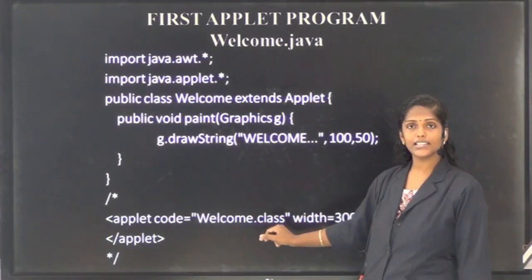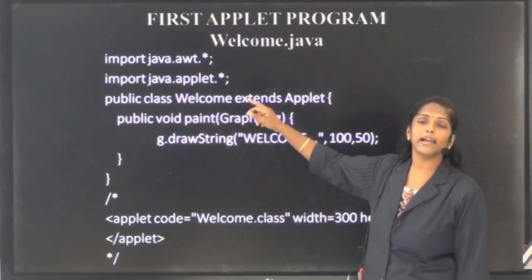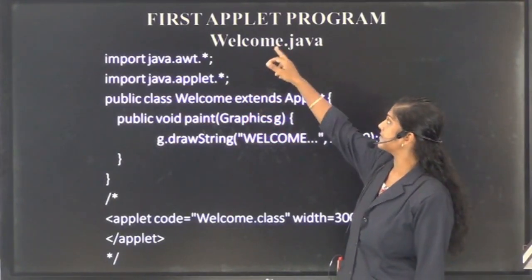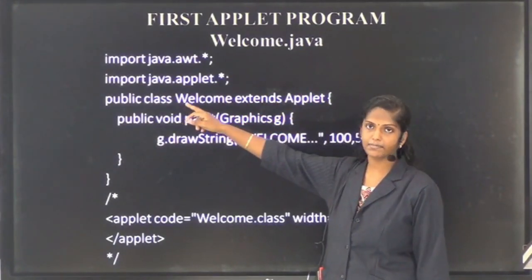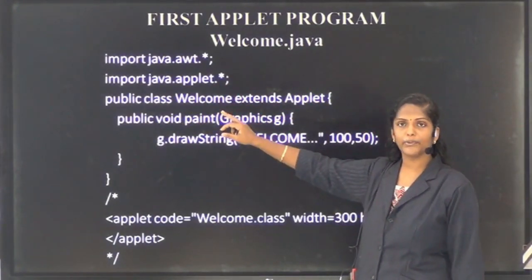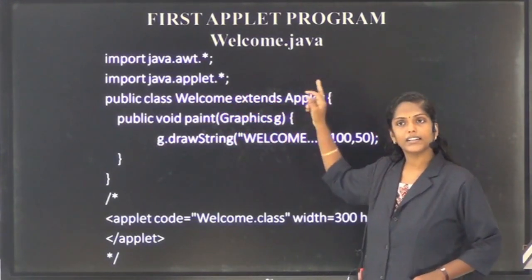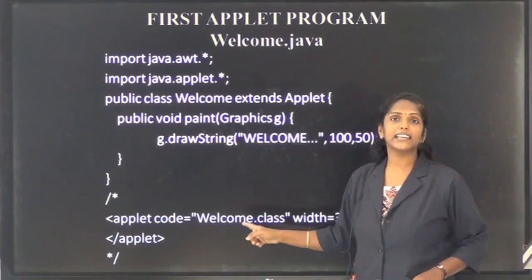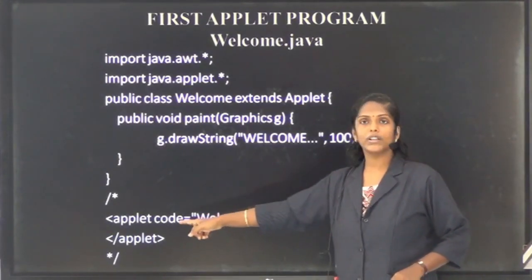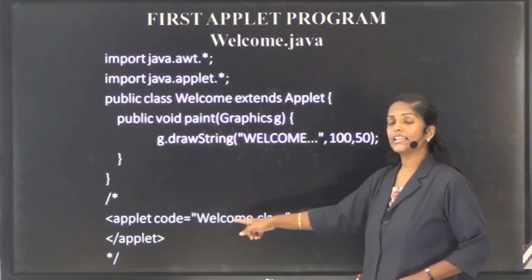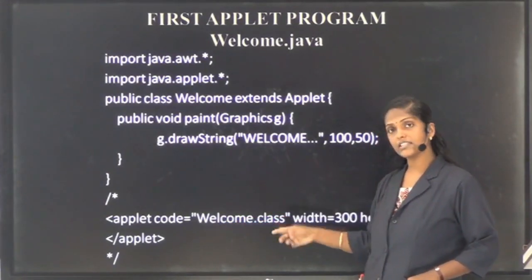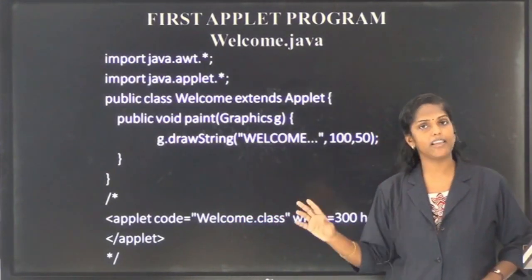Why welcome.class? Because my program name is welcome.java and my class is public, so when we compile this program, we get a class file named welcome.class. We need to specify that class name in the code attribute. Either we can specify it as welcome.class or simply as welcome.